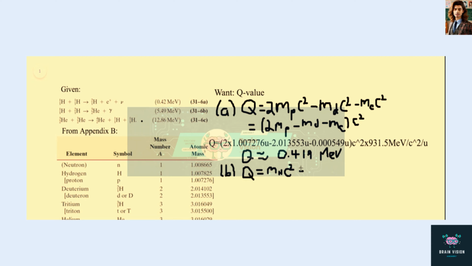Plus a mass of deuteron, but again, I'll put deuterium instead of M sub D as I did up here. This isotope of helium.